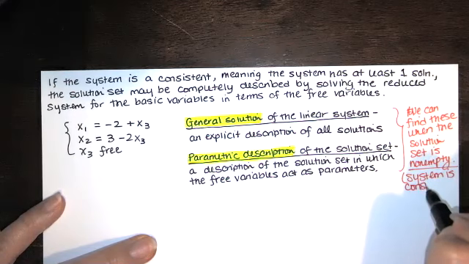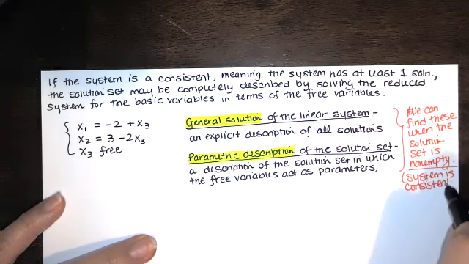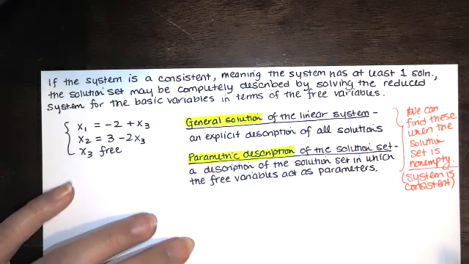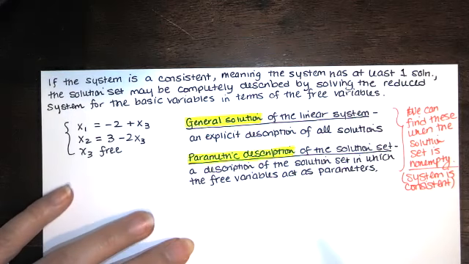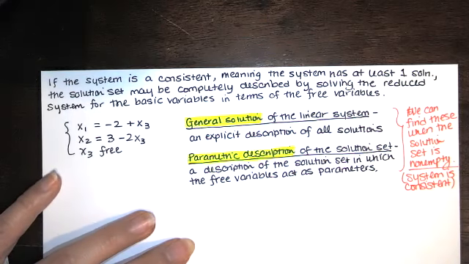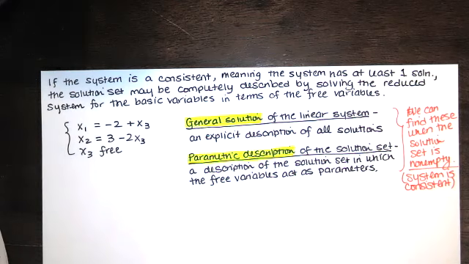So those are just multiple ways of saying the same thing. Saying the system is consistent is the same as saying that the solution set is non-empty, which is the same as saying that the original system of equations has at least one solution.